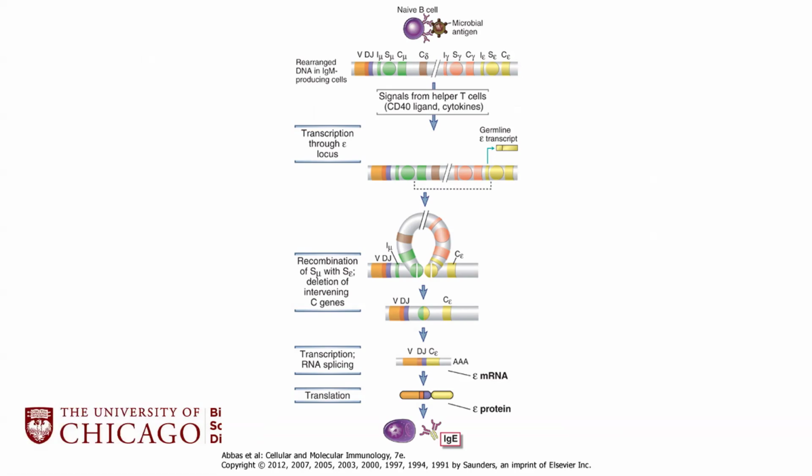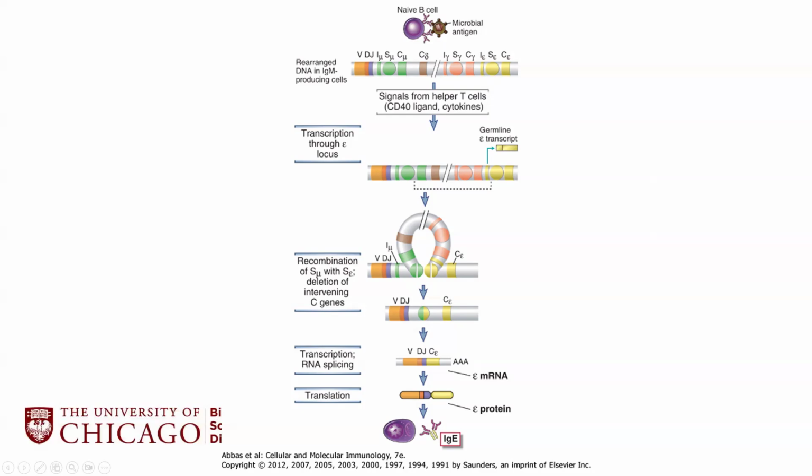And it, by default, will be up against the constant region mu or IgM, because we know the default is IgM. So then when it isotype switches, it actually has to pop out or delete part of this. It's just like TREX we've seen. You get this recombination. In this example, it's becoming IgE.